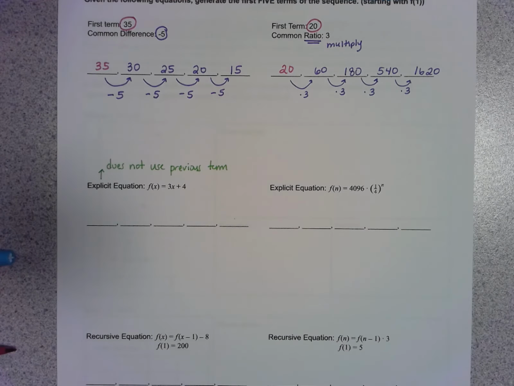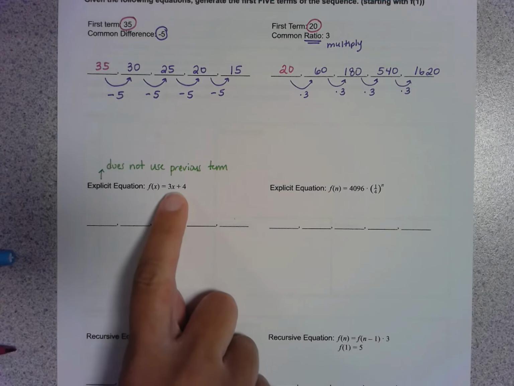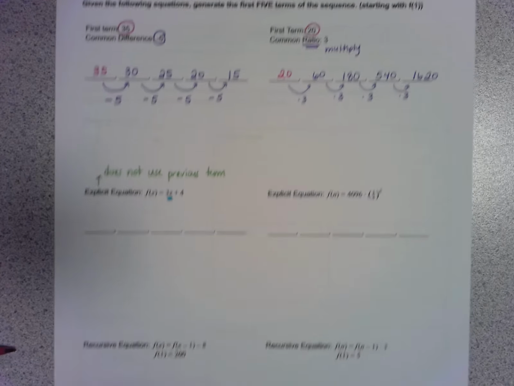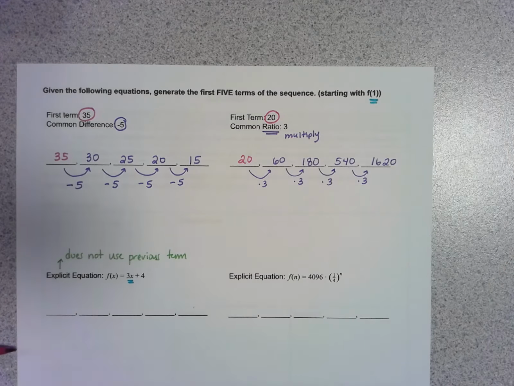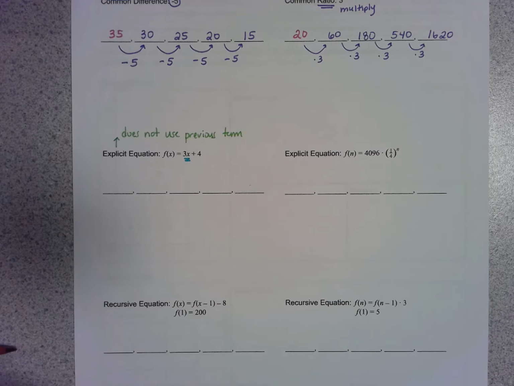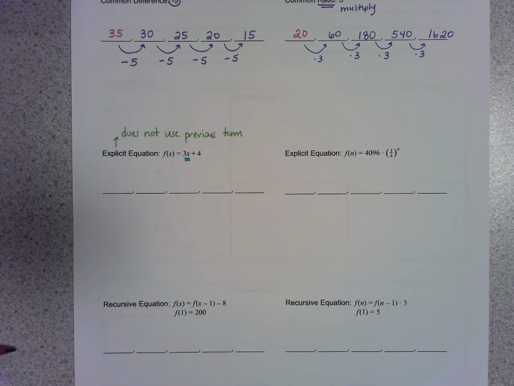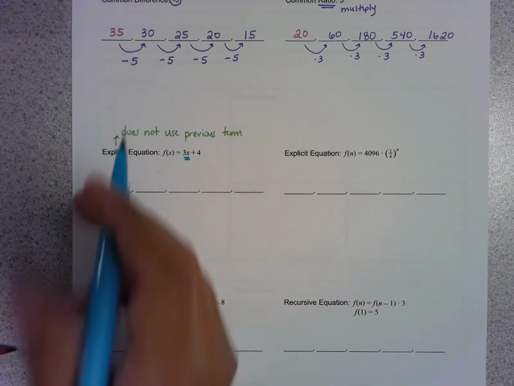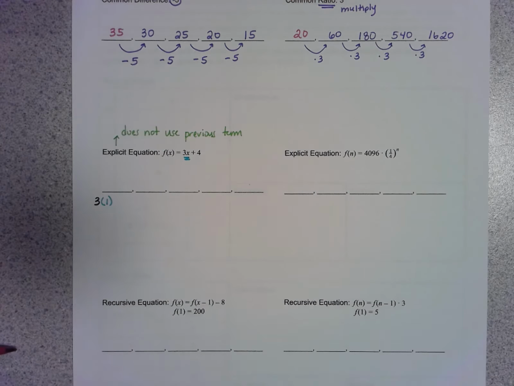So an explicit equation does not use the previous term. Now, for an explicit equation, to figure out the numbers, I need to be able to plug something in for all of the x's here. So it tells me in the instructions, start by plugging in the number 1. That means that to figure out the first number here, I would plug in the number 1 instead of x.